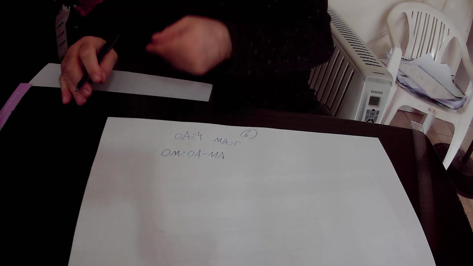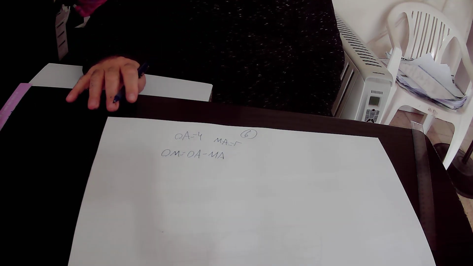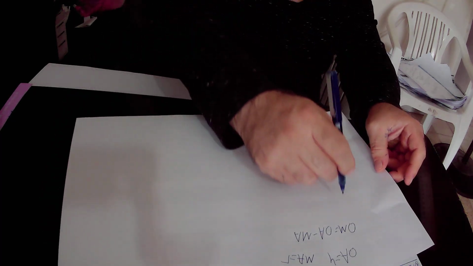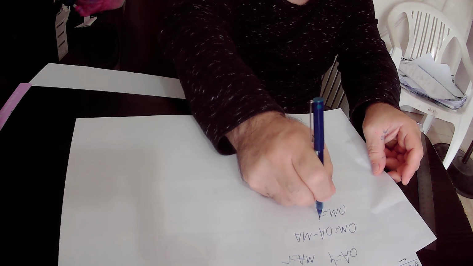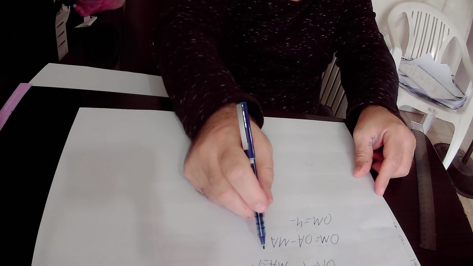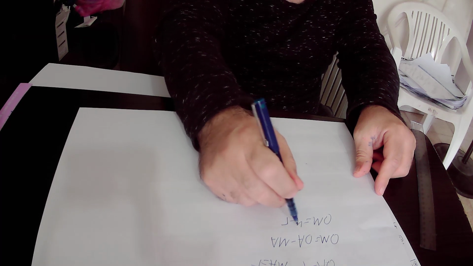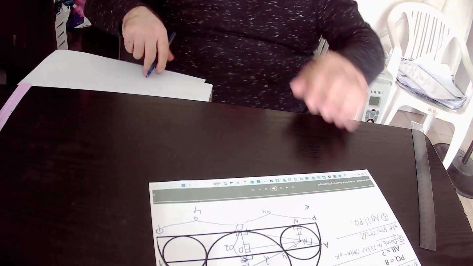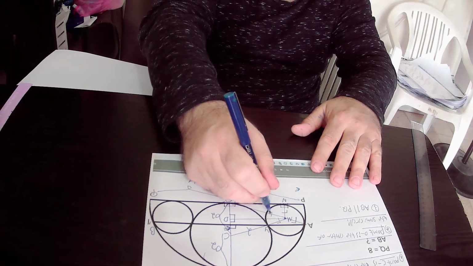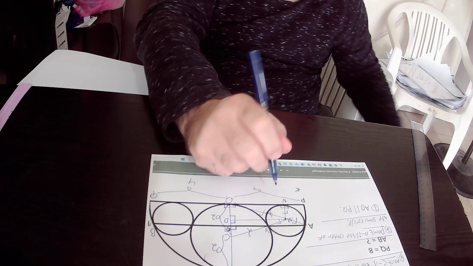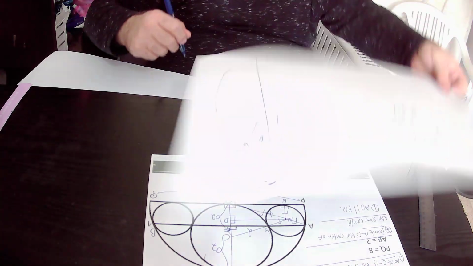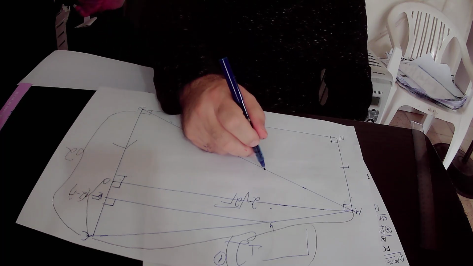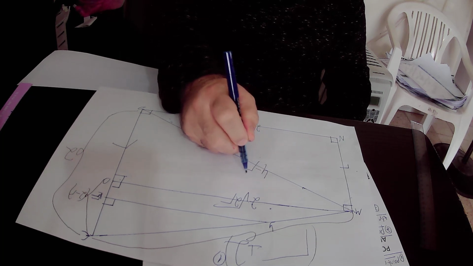So OM equals OA, that is to say 4, minus MA, that is to say R. So in total we got that OM equals 4 minus R. So we can write here also that OM, the hypotenuse of triangle MNO, equals 4 minus R.